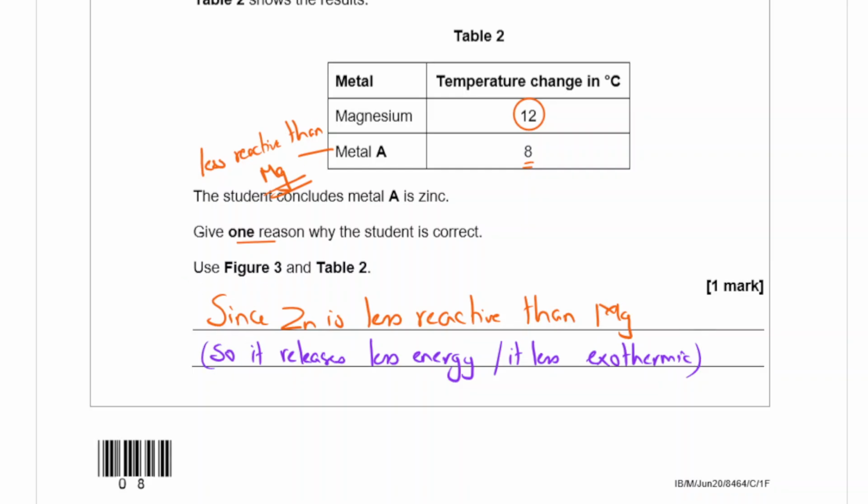You could also say zinc is lower than magnesium in the reactivity series as well. You'll still get the mark. Or you could say the temperature change is less than magnesium with metal A.